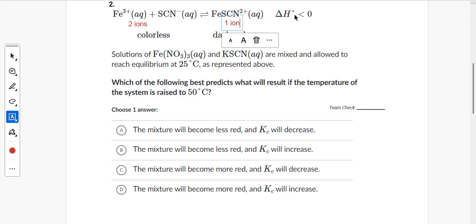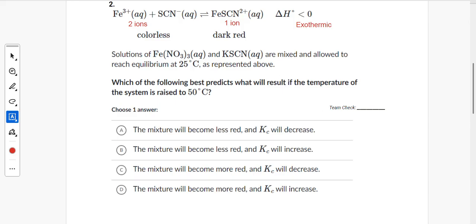And then we've got delta H less than 0, which is a fancy way of saying that it is exothermic in this case. The solutions of Fe and SCN are mixed and allowed to reach equilibrium. Which of the following best predicts what will happen if we raise the temperature?